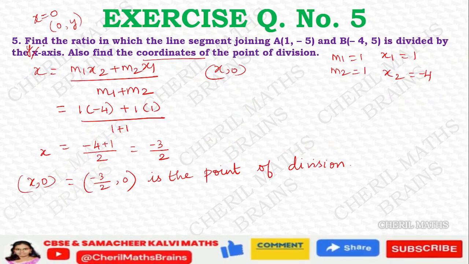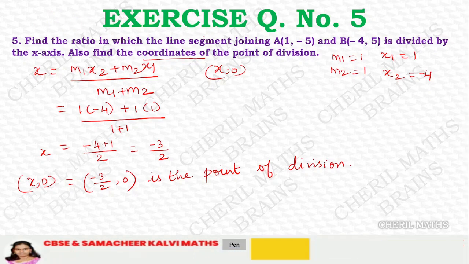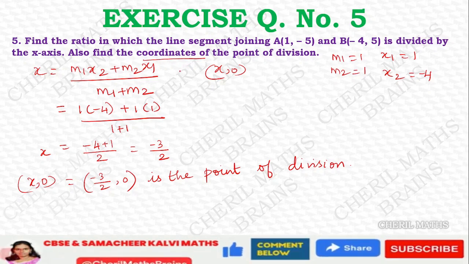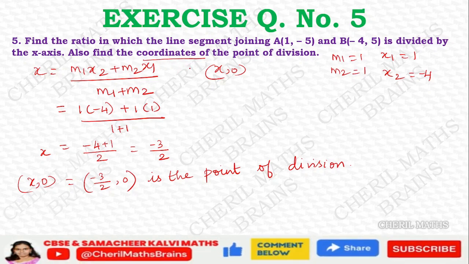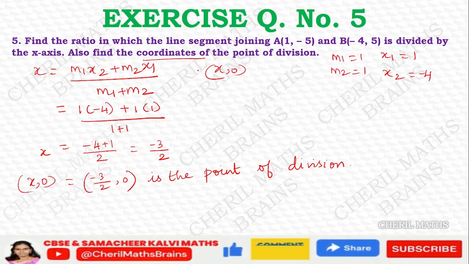Vice versa you will have to do when you are given the y-axis. You just need a little knowledge about these coordinates and how points lie on the x-axis and y-axis, and about the usage of the section formula and where you need to use the k is to 1 formula.